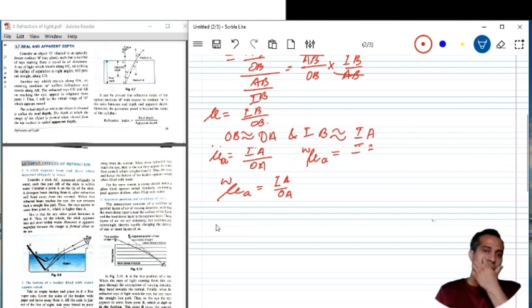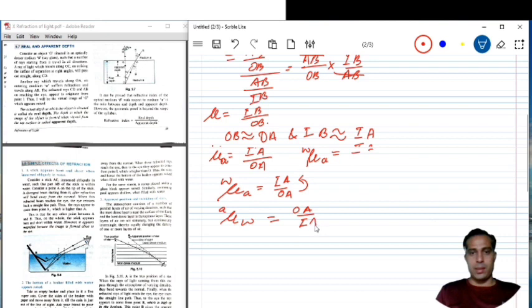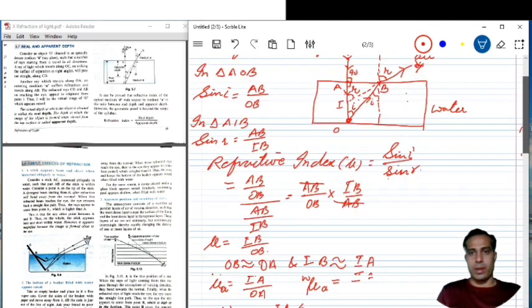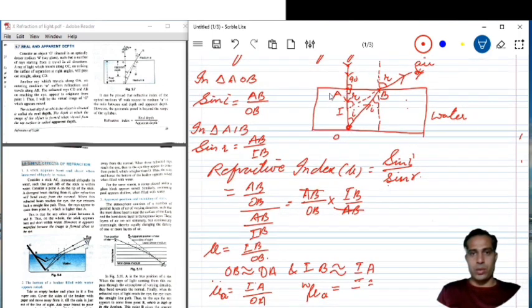If we had to find the refractive index of water with respect to air, then this will reverse. It will become OA over IA. If you see from this diagram, what is OA here? OA is the total depth, which is called the real depth.